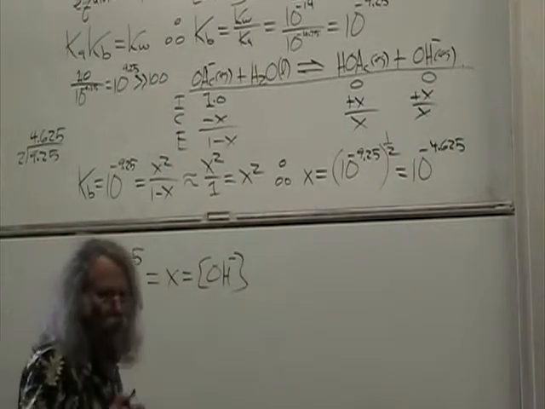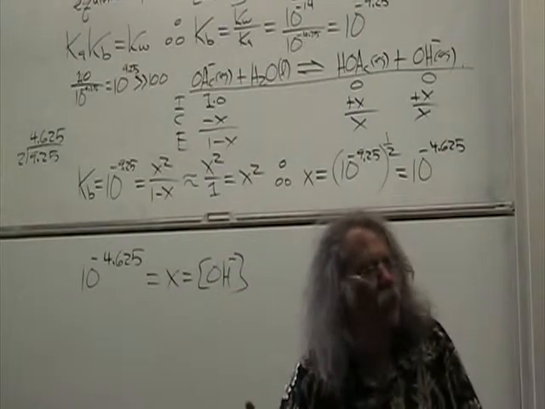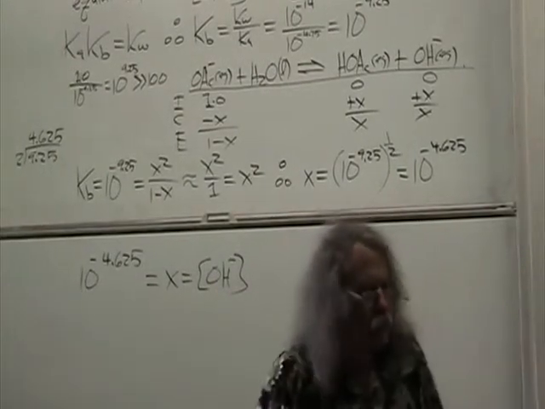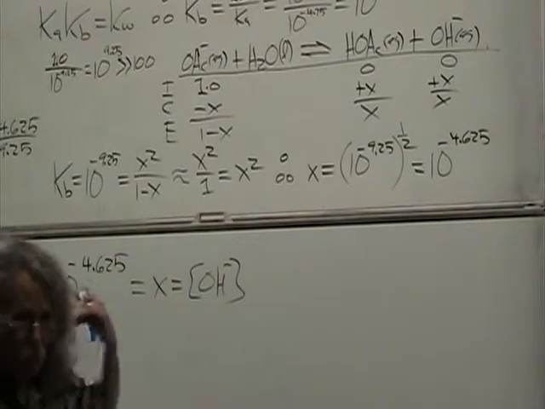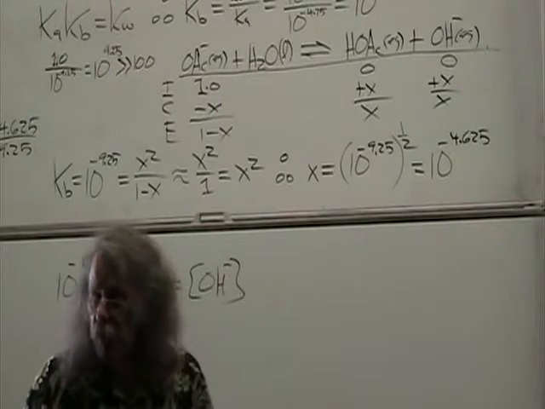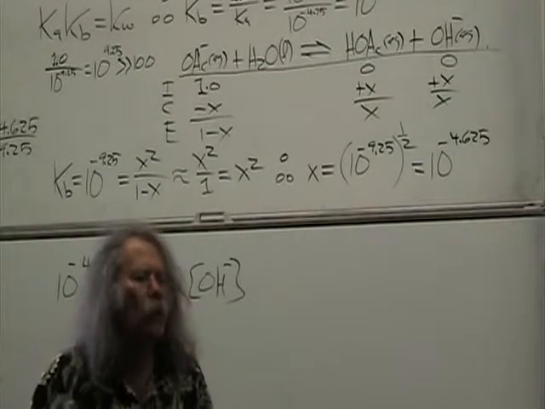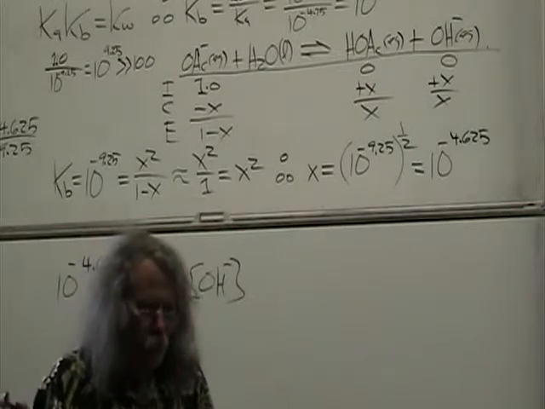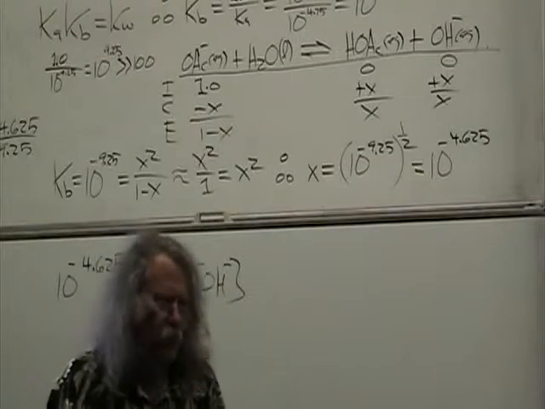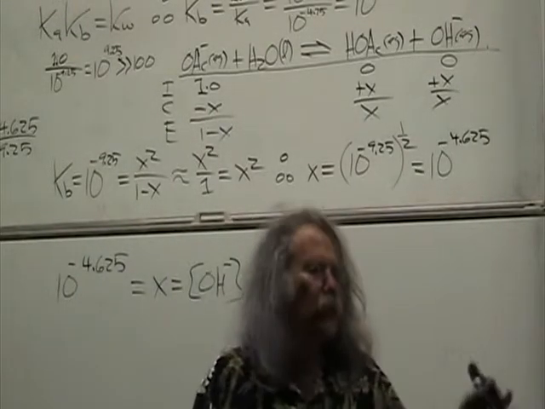And now there are several different things we can do at this point. The pOH is 4.625. We immediately can find the pOH, and then from the pOH we can find the pH. There are several approaches. We can use negative logs, or we can use the Kw. We can simply subtract it from 14, or I'm going to do it a different way.